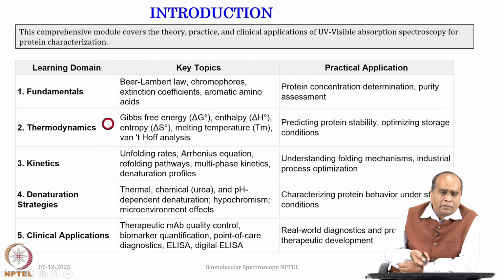Subsequently, we looked at the thermodynamics associated with proteins. We quantified the Gibbs free energy, the enthalpy, the entropy, and the stability governed by the melting temperature Tm, and we also did some Bonhoeffer analysis. All these thermodynamic concepts can be used for predicting protein stability and optimizing storage conditions.